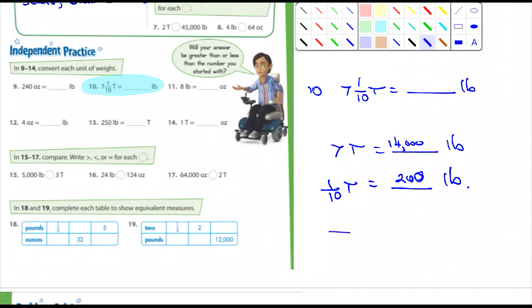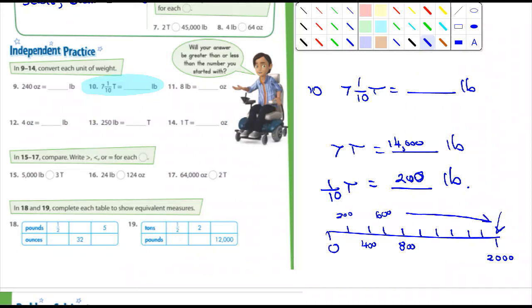Another way to look at it is if we were to draw a scale, and here's 0 and here's 2,000, and we made 10 marks, 1, 2, 3, 4, 5, 6, 7, 8, 9, and this would be 10. Each one of these marks would be 200, this would be 400, 600, 800, and if we labeled each mark, we would come to 2,000 at 10 marks.